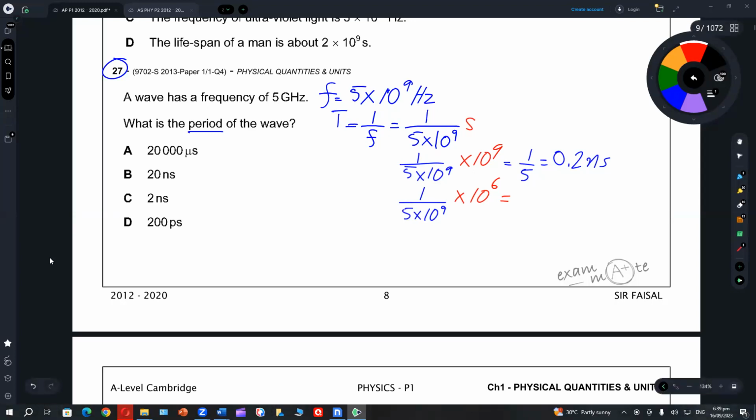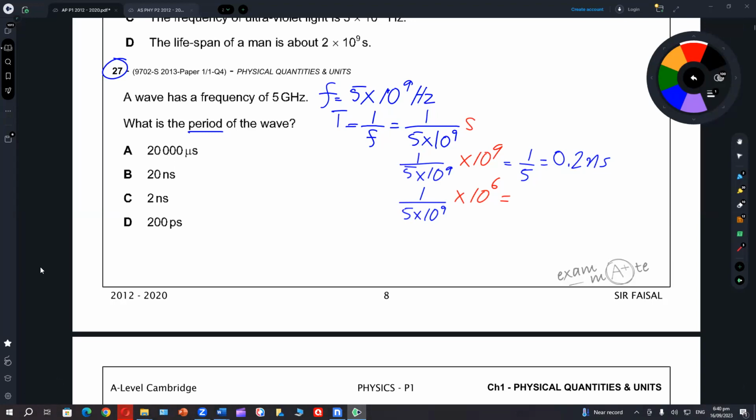Convert second into microsecond. You can convert it, this is calculator work.